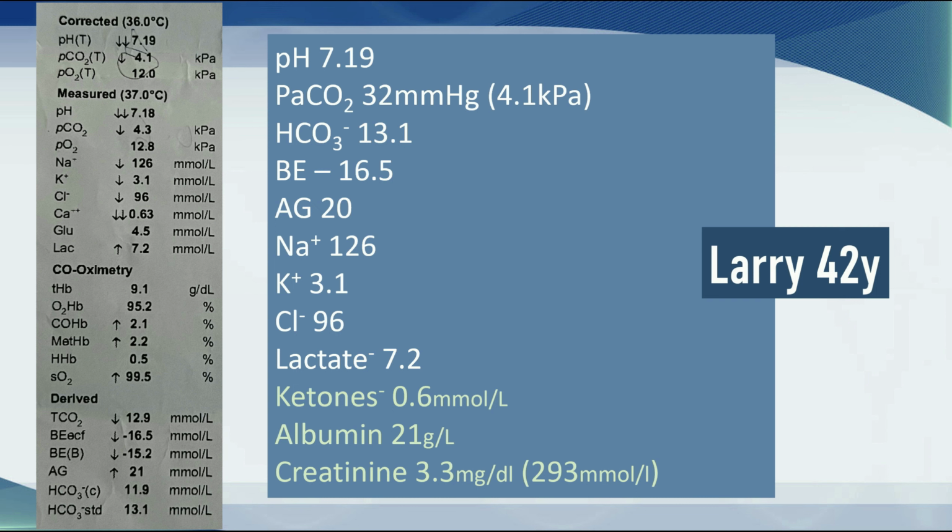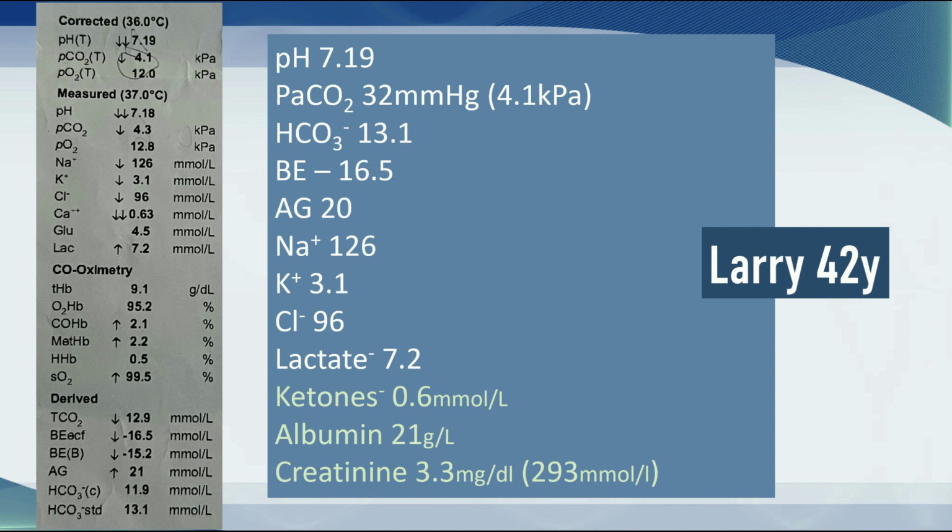But briefly, the pH is 7.19, acidotic. PCO2 is 32 millimeters of mercury, or 4.1 kilopascals, a bit low. Bicarbonate is 13.1, very low. The base excess is minus 16.5. The anion gap is 20.